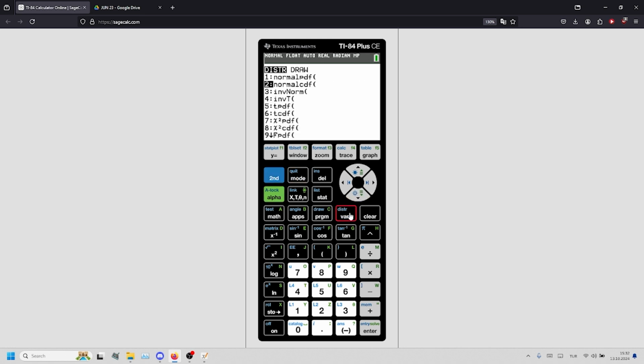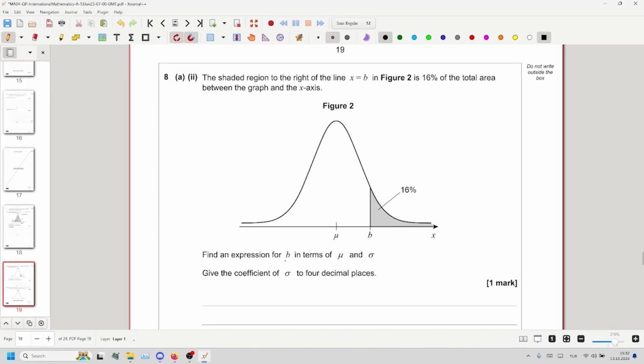Inverse norm of 0.16, this time from the right. So that would be 0.94457. So what this means is that this length right here is 0.94 or whatever sigma.